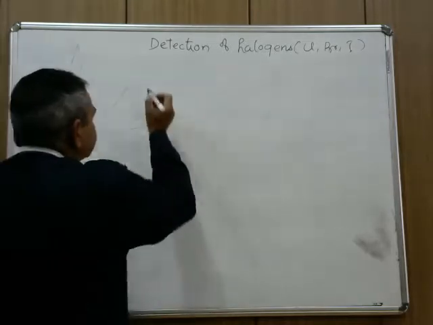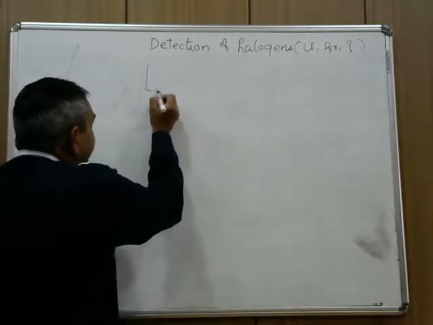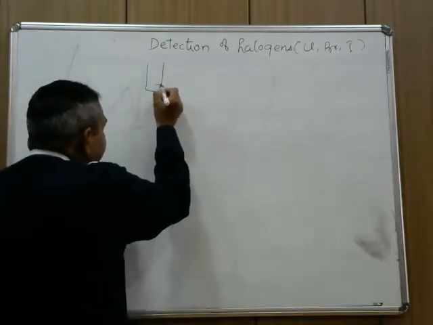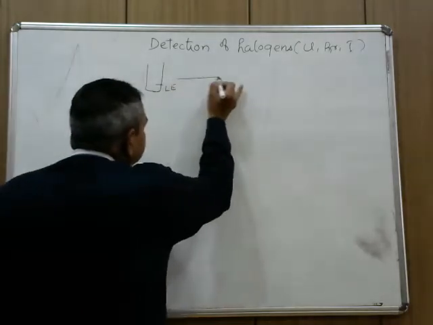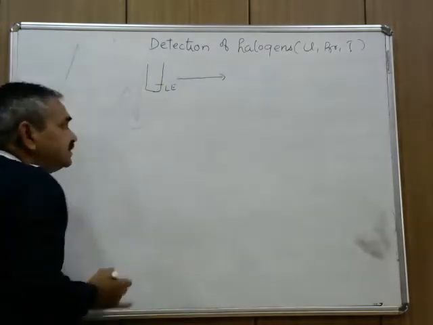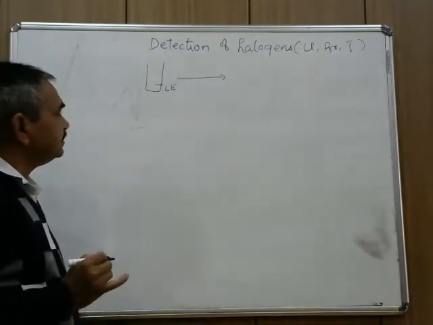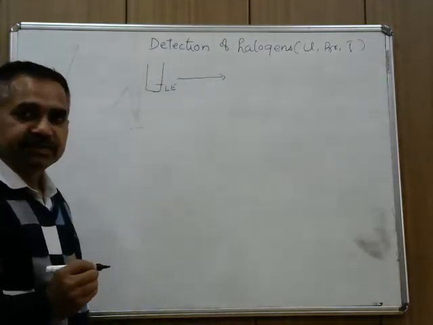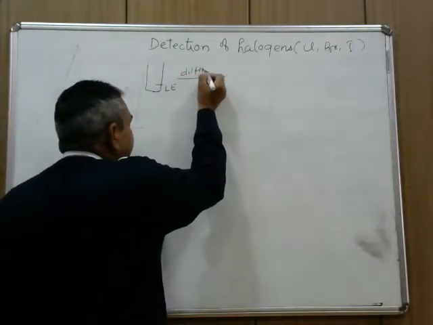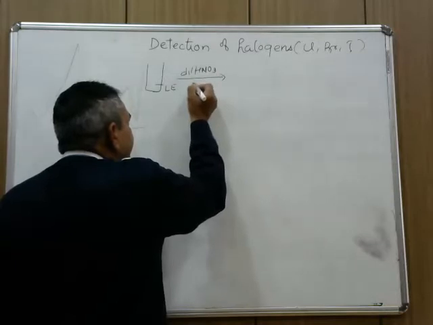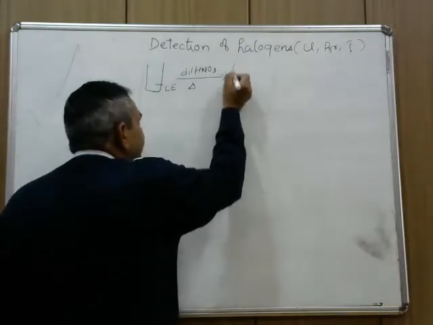Now what happens? First we take Lassaigne's extract, about 5 ml, in a test tube. We add a little amount of dilute HNO3 to it and heat.